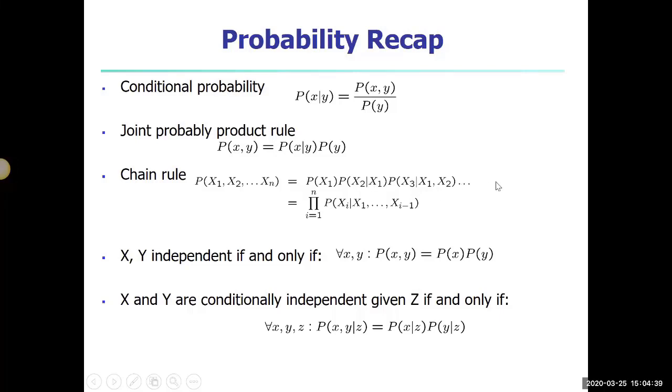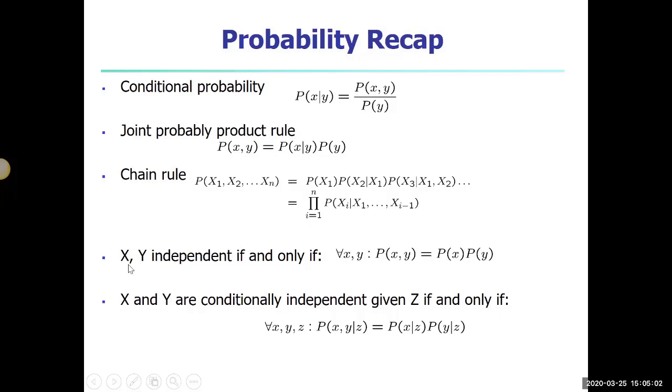So you can chain it down to when x1 through x sub n minus 1 occur, what's the probability for xn to occur? There is a short way to write the whole thing, and we're going to actually use this in today's lecture. We'll come back to this, the chain rule joint probability.